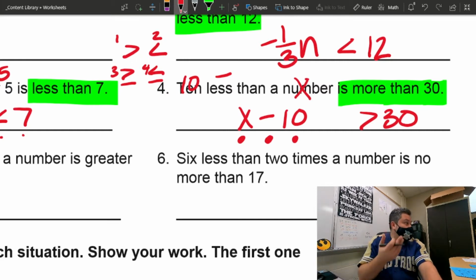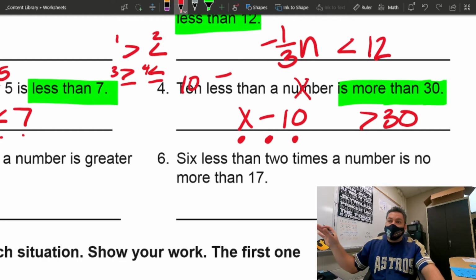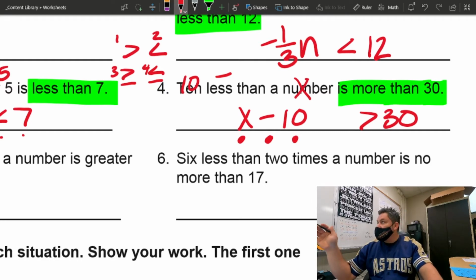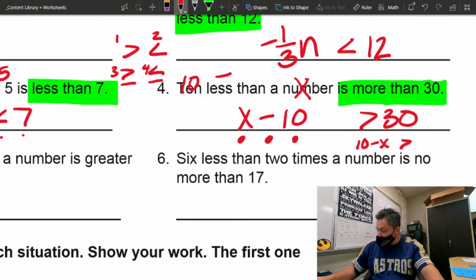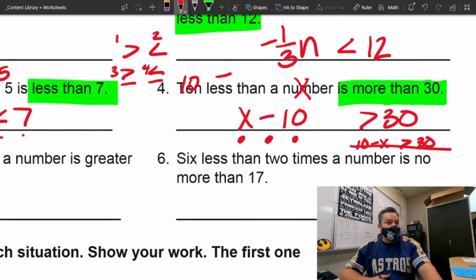Depending on how it's written, that's how you're gonna write it. If you would have done 10 minus X, that's different. That's 10 minus a number, and we don't have that in here. So this is the wrong one. Any questions on this one?